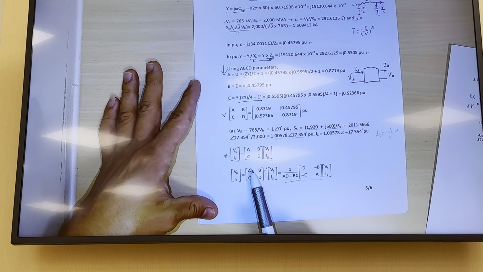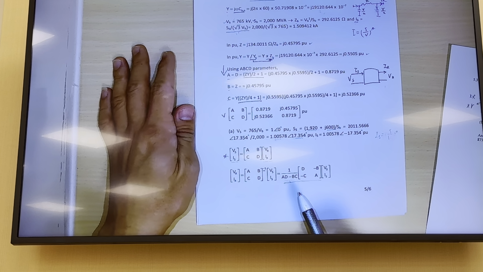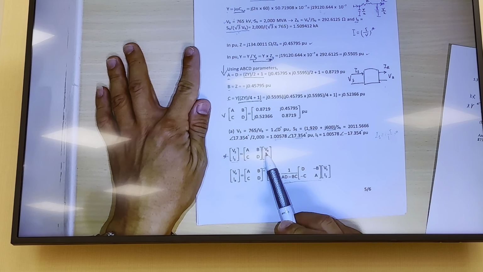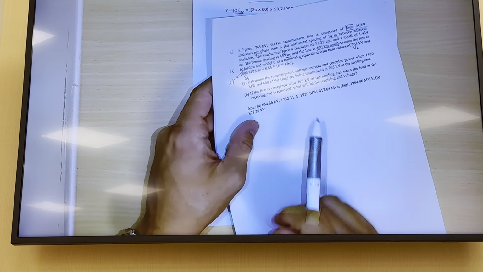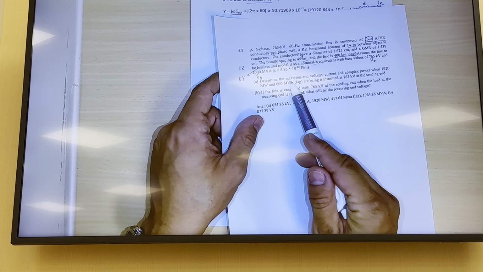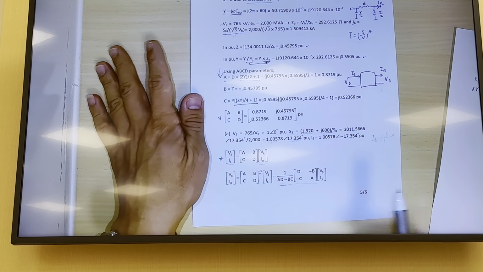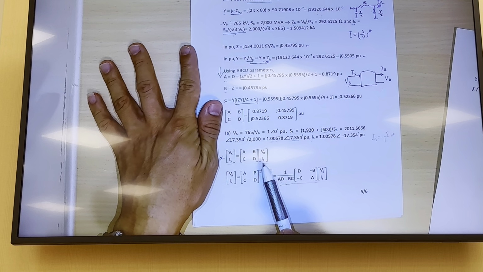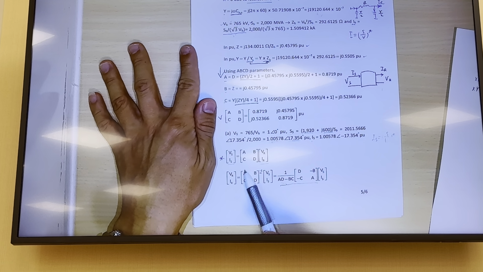According to the transmission matrix, Vs, Is equals ABCD times VR, IR. So what we know is VR and IR, and we are going to calculate Vs and Is. Here, we know the receiving end voltage, and we are going to calculate the sending end voltage. So VR, IR equals the inverse of the ABCD matrix times Vs, Is.